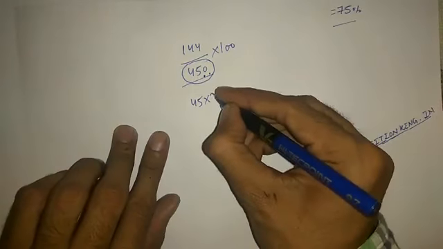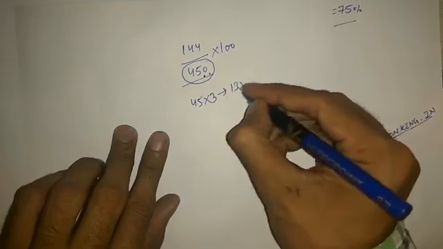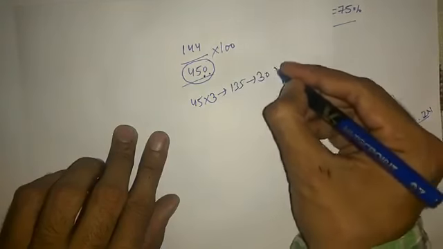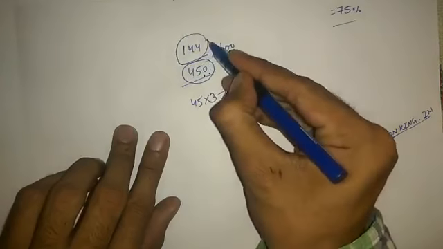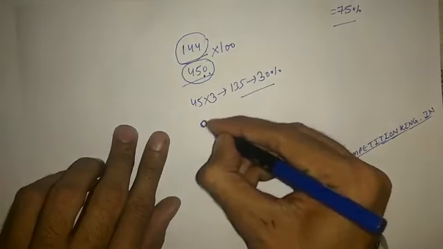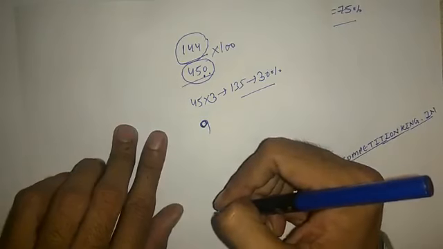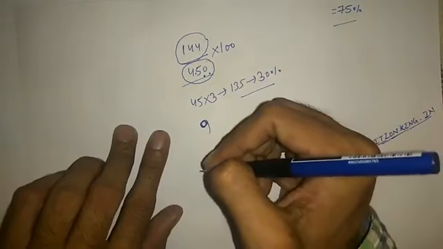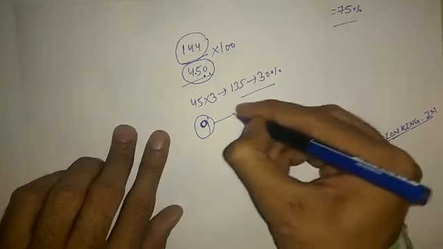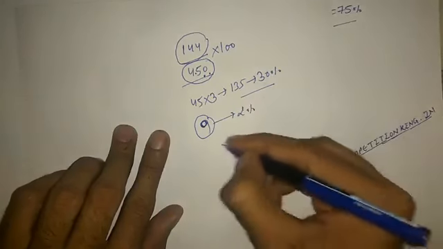This means 135 will be 30%. But we have to calculate 144, 9 remaining. If I calculate 9 also, I will get the answer. As we know, 4.5 is 1%. This means 9 will be 2%. Then what will be the answer?